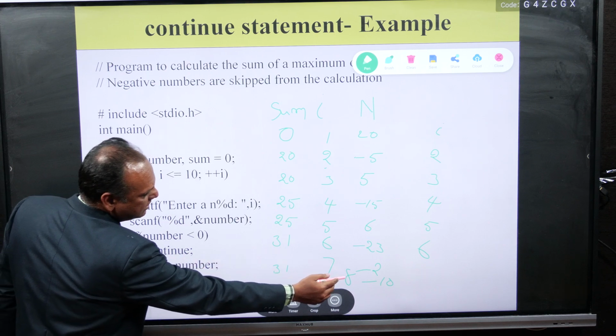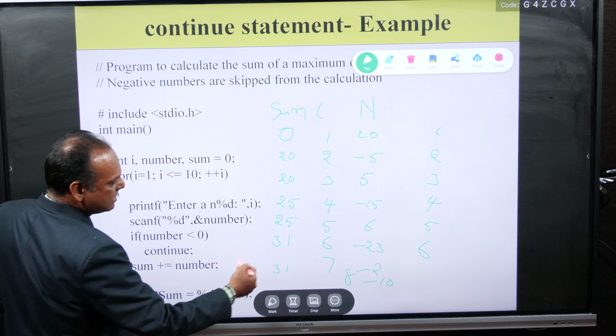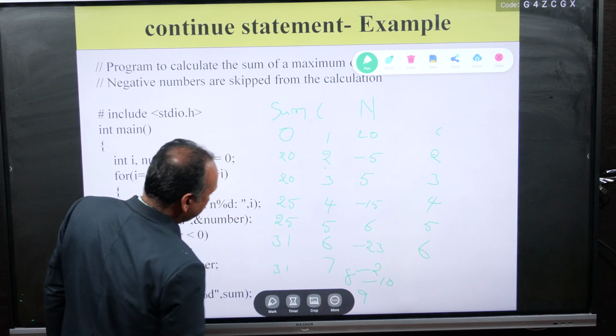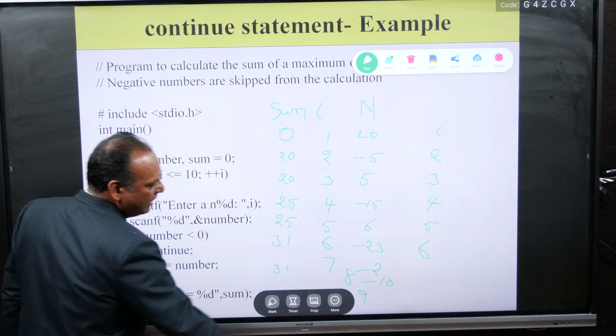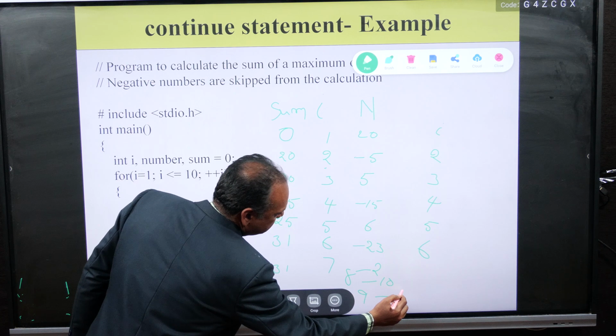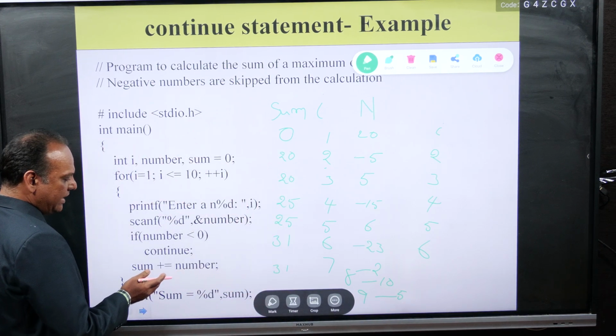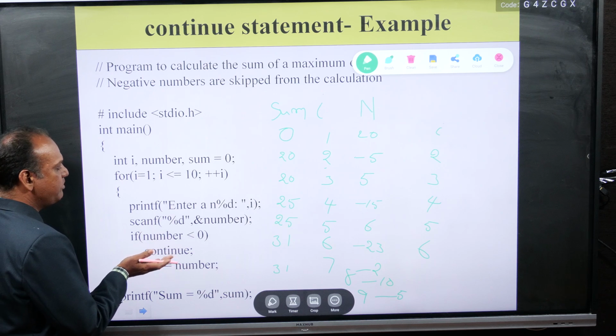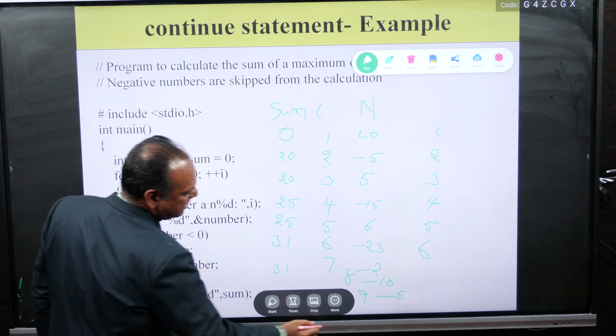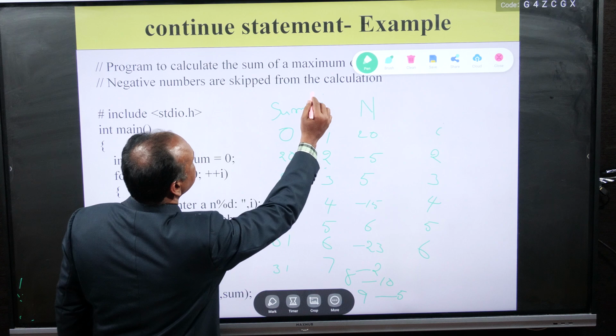Next iteration, the 9th value of I is incremented, and I am entering minus 5 again. It is a negative value, so the sum will be skipped and it goes to the next iteration.